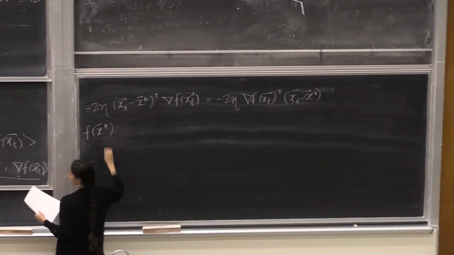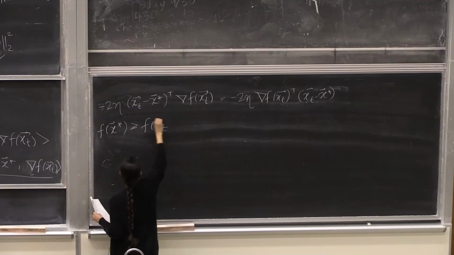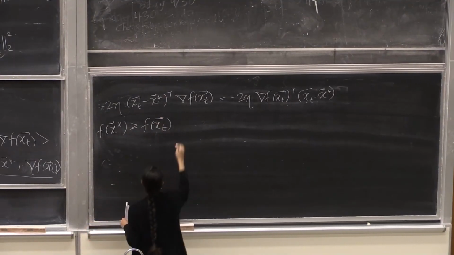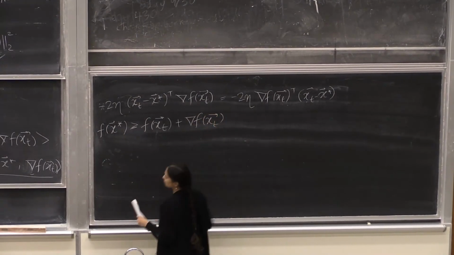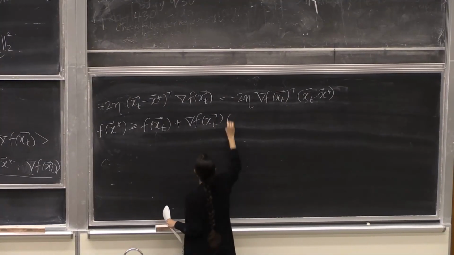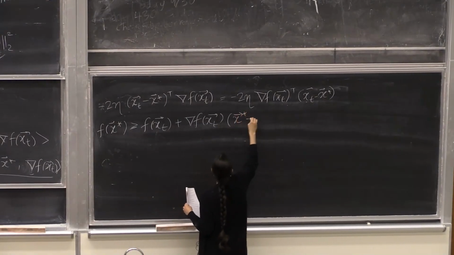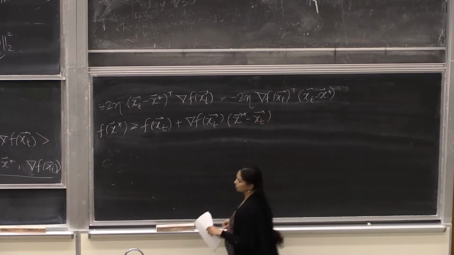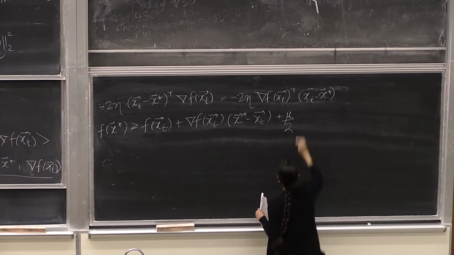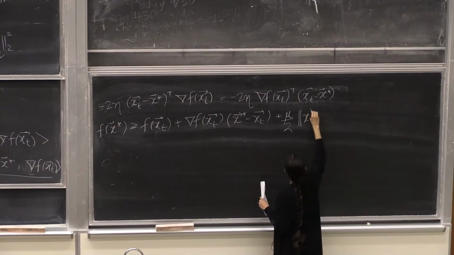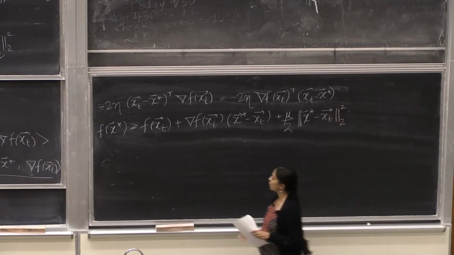Let me write f of x star is greater than or equal to f of xt plus gradient of f of xt, x star minus xt, plus mu over 2, norm of x star minus xt, right?